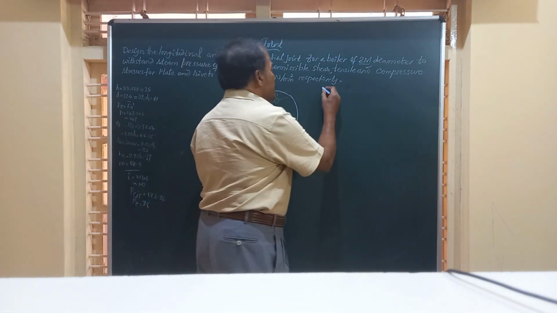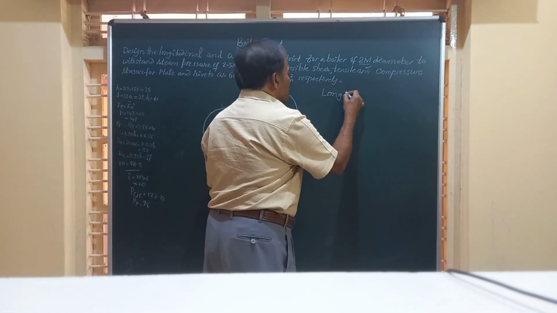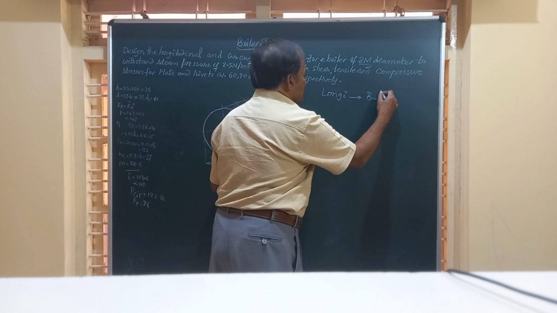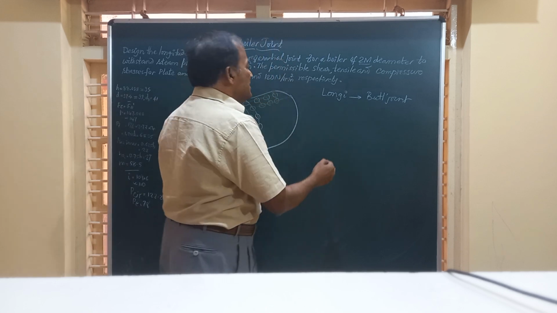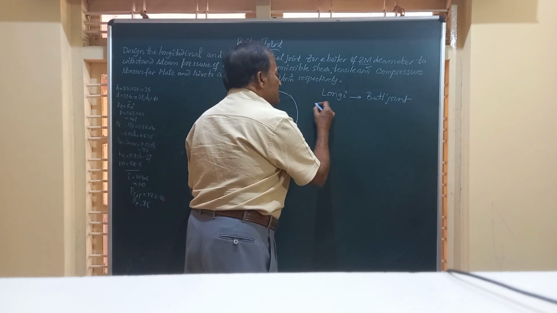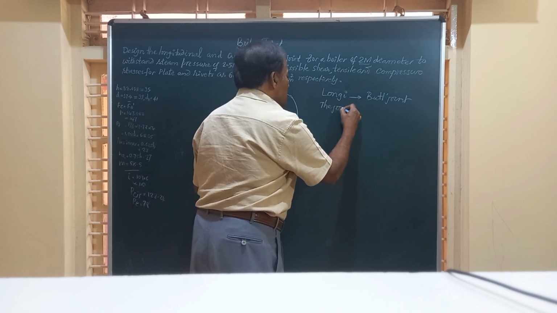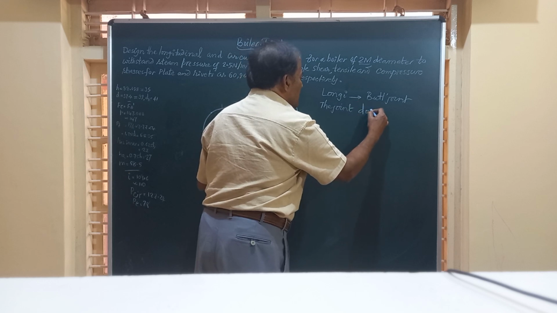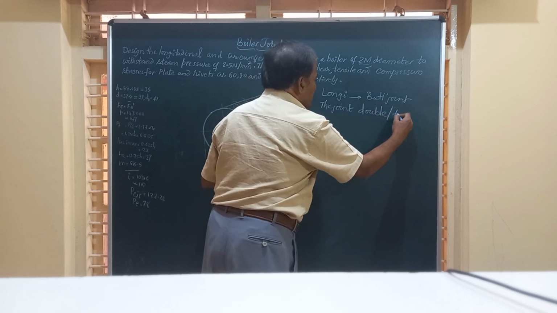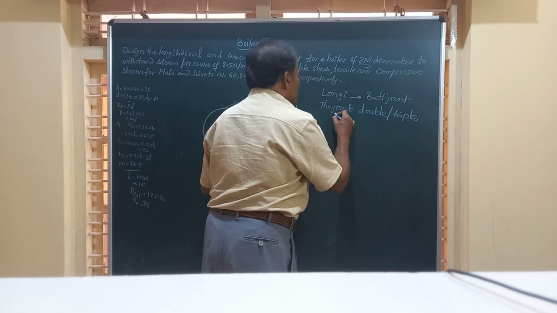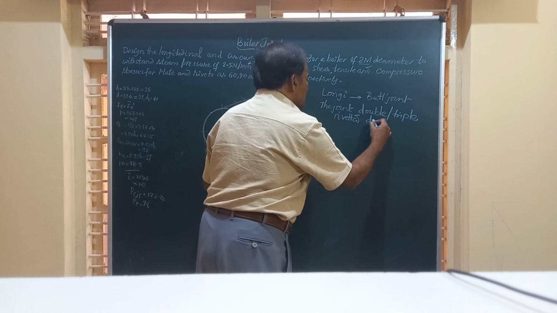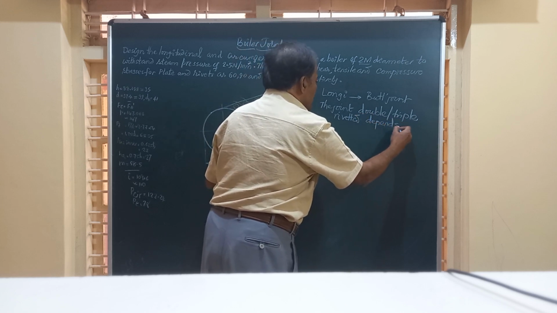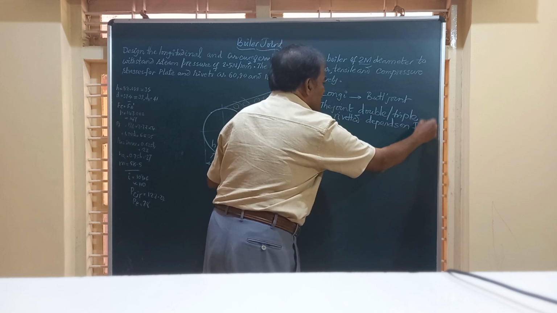Here we know the longitudinal joint is a butt joint, and the type of joint, double or triple riveted, depends on the diameter of the shell.